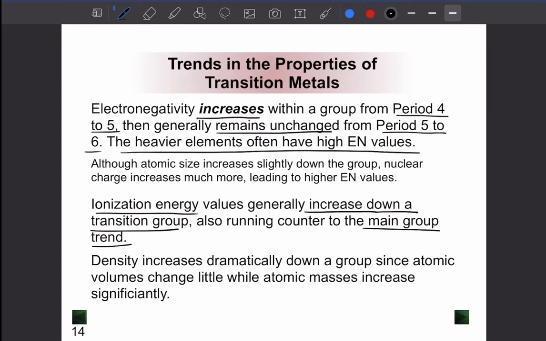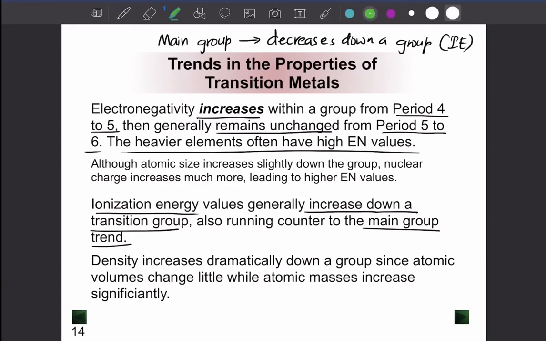In a main group element, ionization energy generally decreases down a group, but in transition elements, it generally increases down a group.